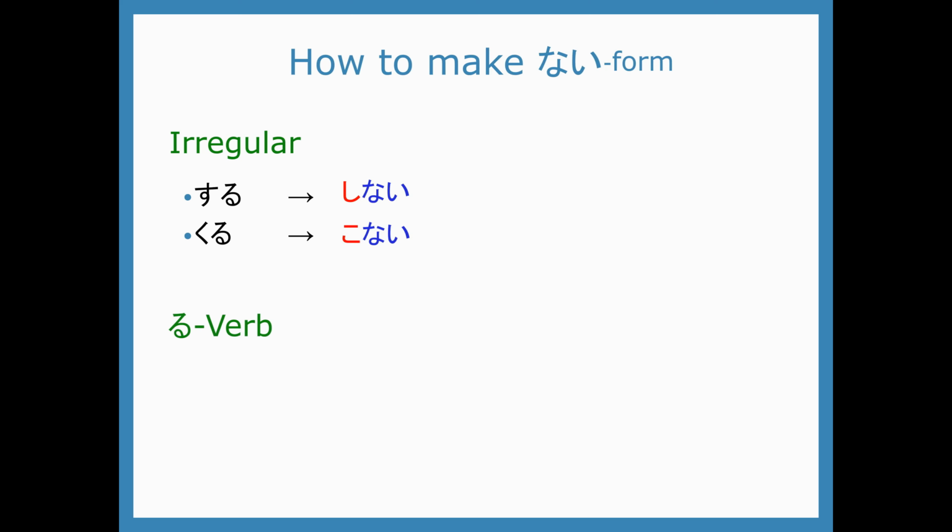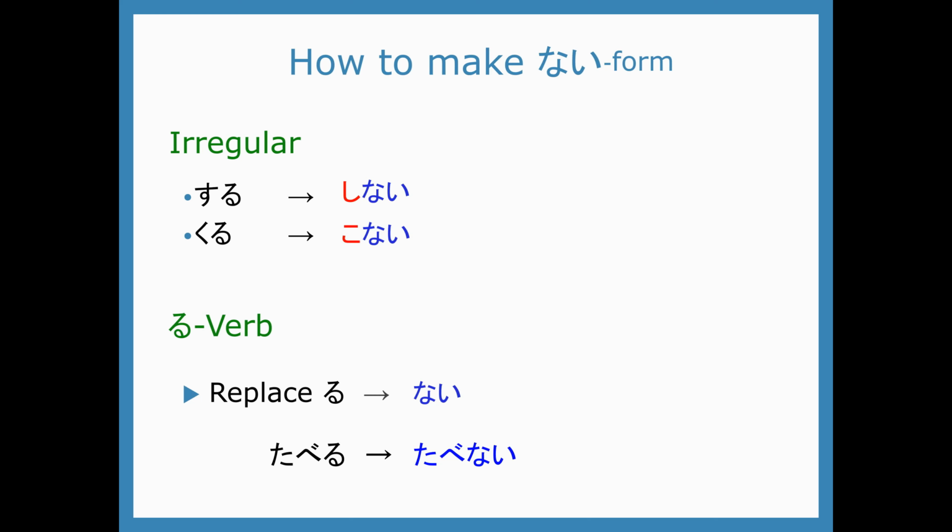Ru verbs are very simple. They always have the simplest conjugation. When we have a ru verb, all we have to do is get rid of the ru and replace it with nai. For example, here we have a verb taberu. If we drop the ru, we just have tabe. And then putting on the nai, we get tabenai.